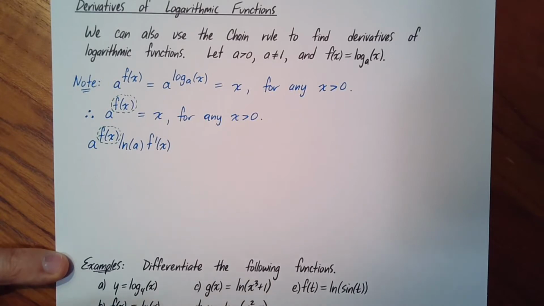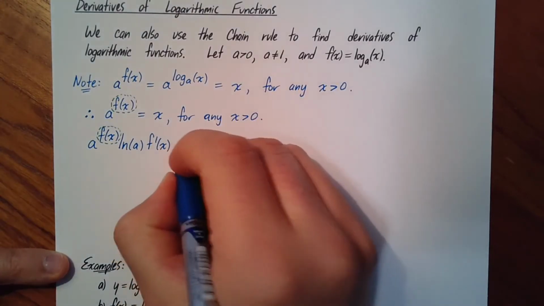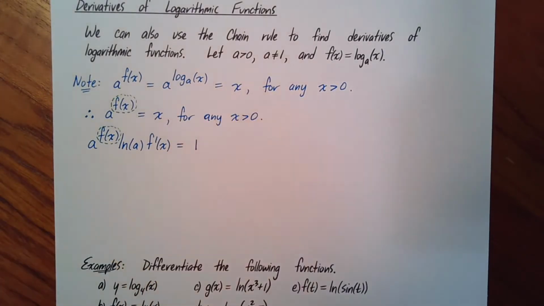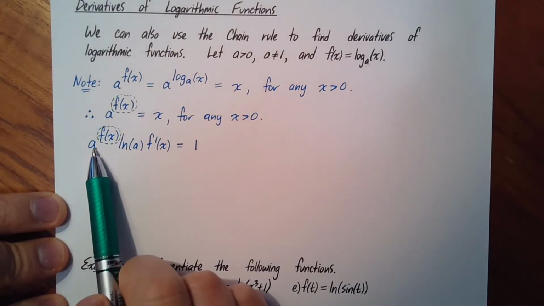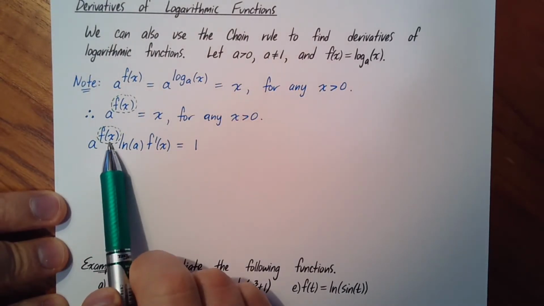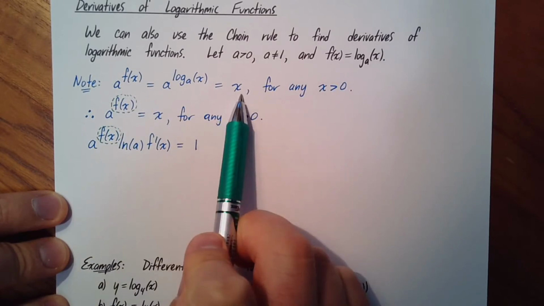Well, x is just x to the 1, so you can use the power rule, and you're going to get 1. So that is what we get if we take the derivative of both sides of the equation. And now let's also make use of the fact that a to the power of f of x is really just equal to x.